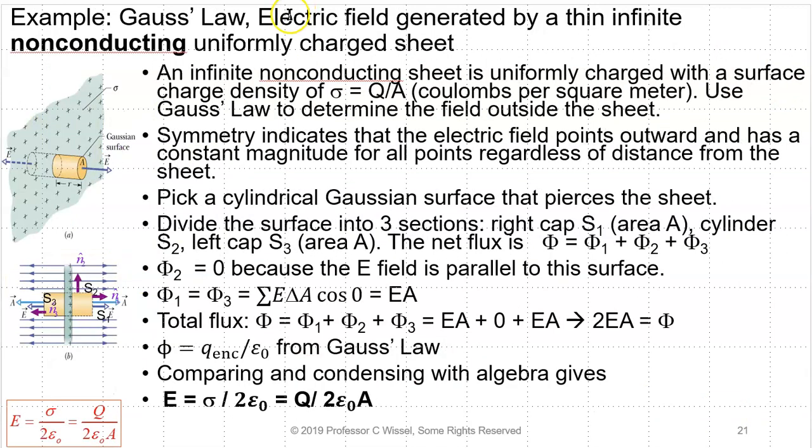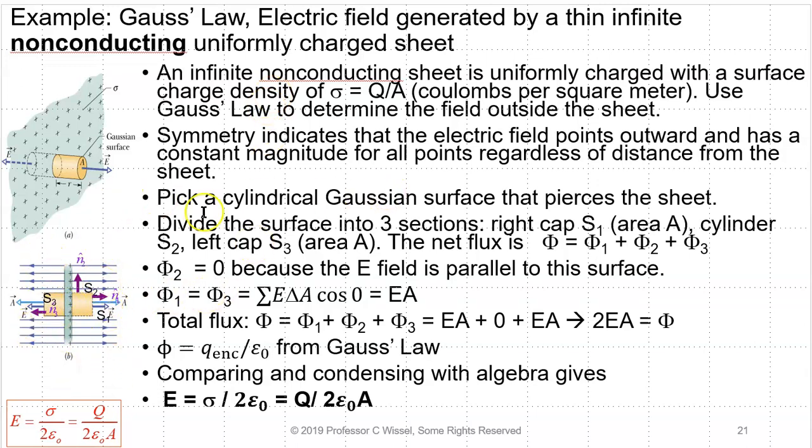Using Gauss's law, we're going to calculate the electric field generated by a thin, infinite, non-conducting, uniformly charged sheet. So an infinite non-conducting sheet is uniformly charged with a surface charge density of sigma equals Q over A in coulombs per square meter. We're going to use Gauss's law to determine the field outside the sheet.